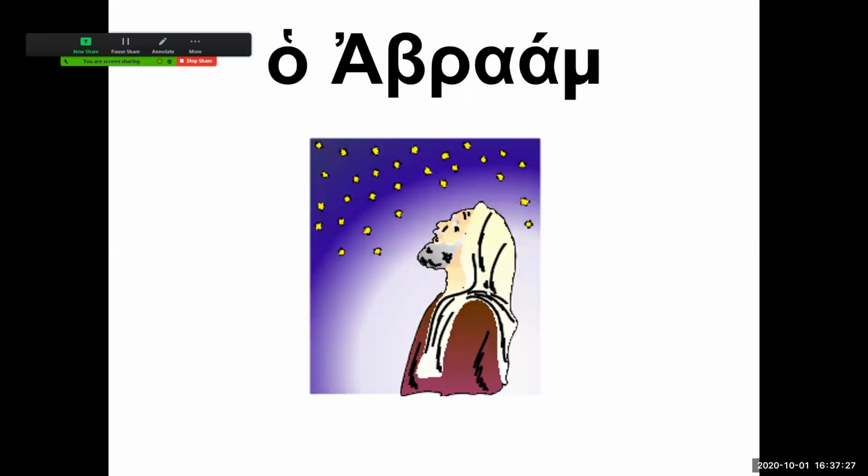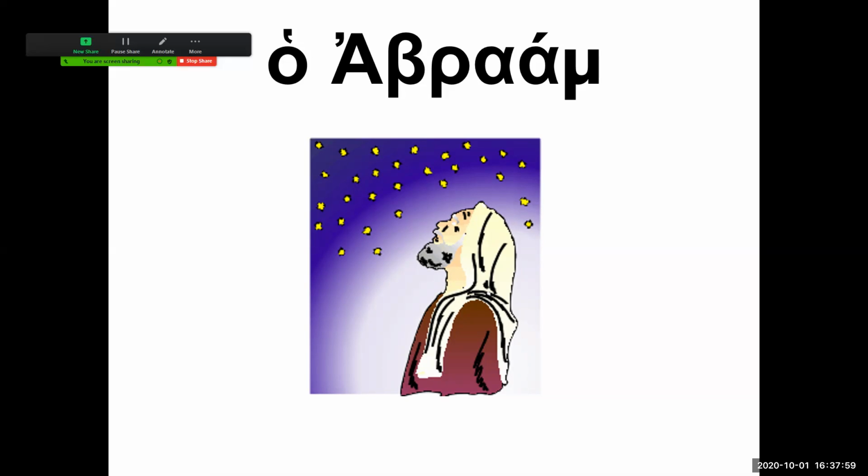Now, let's just look at some of these words and pronounce them. Ho Abraham. Notice 2 vowels, the same vowel, are separated, as we said in our syllabification rules. Ho, by the way, just means the. Now, we don't use the article the with proper names in English. In German, we sometimes do.